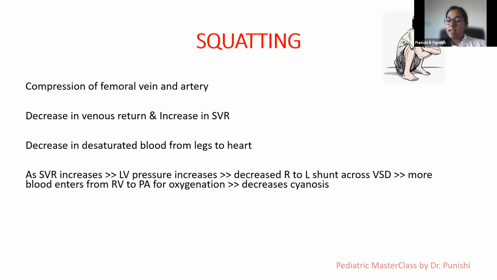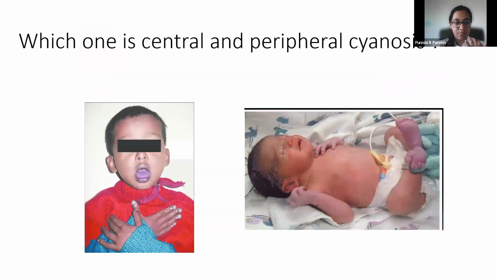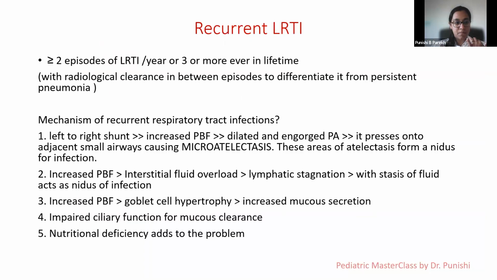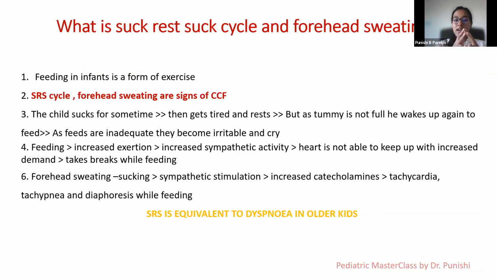Why are suck cycle and forehead sweating not seen in a cyanotic heart disease? So suck cycle, if I go back to the slide. Okay, so suck cycle and forehead sweating are both signs of congestive cardiac failure.